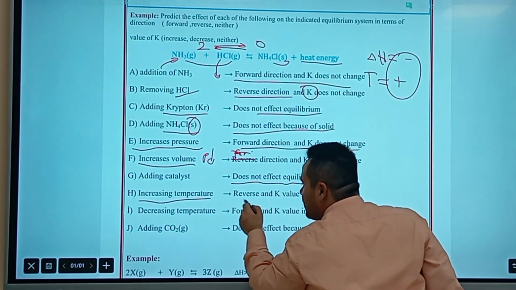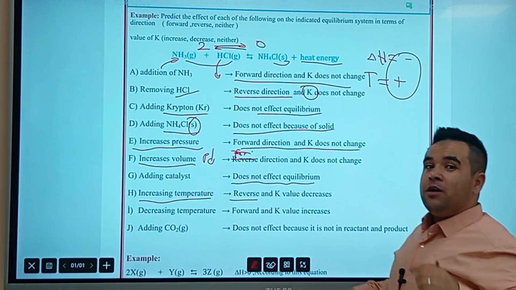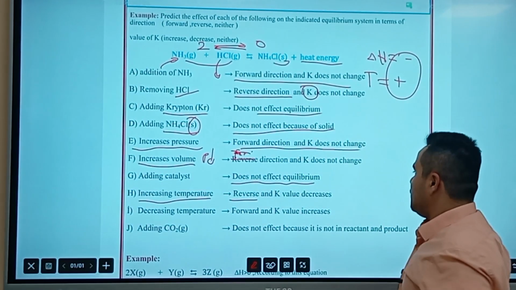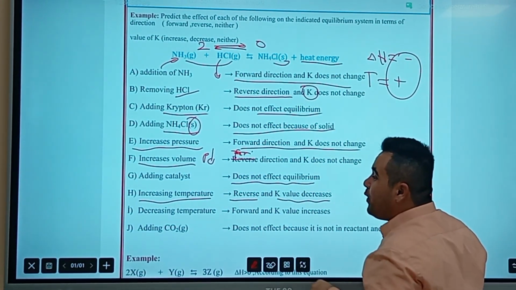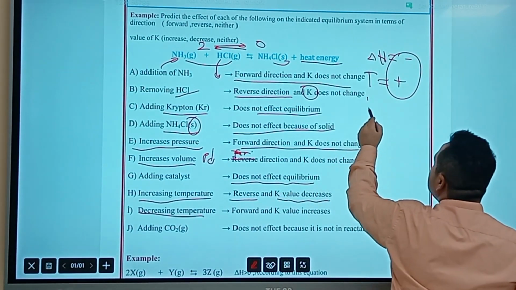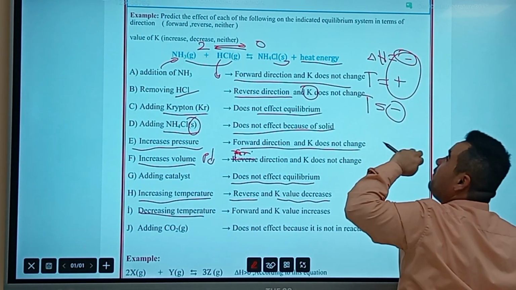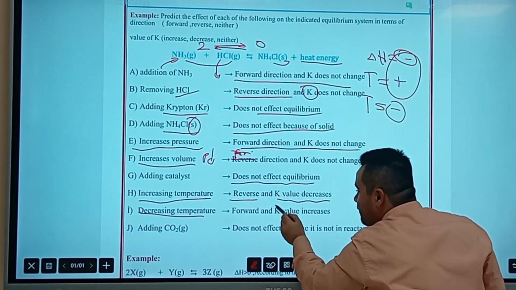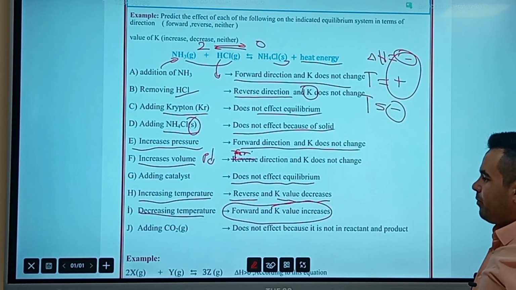And guys, whenever reverse is favored due to temperature, the value of K decreases. Decreasing temperature is negative. Negative with negative, the forward is favored. When forward is favored, the value of K increases.